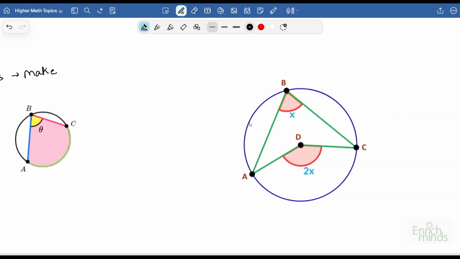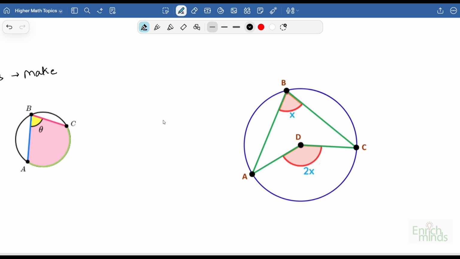So when I'm talking about this circle theorem, I'm saying that the arc AC subtends an angle at the center, and the same arc AC subtends an angle at the circumference. The relationship between these 2 angles is that the angle at the center is double the angle at the circumference, or the angle at the circumference is half the angle at the center.